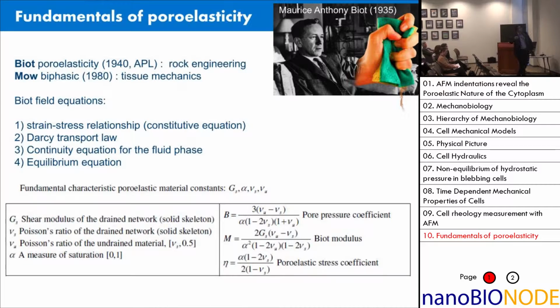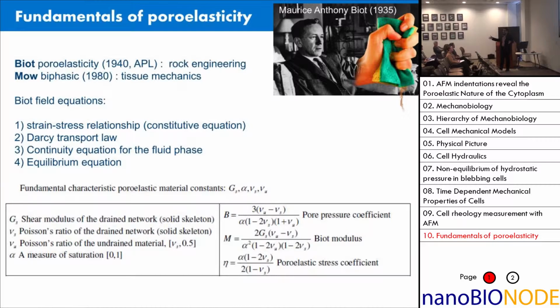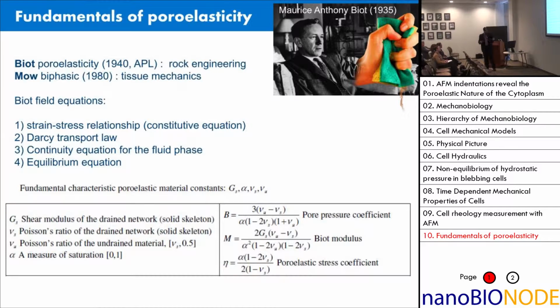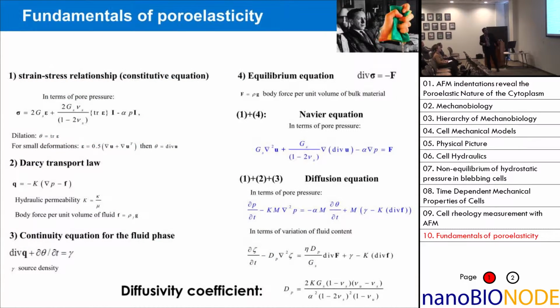The only new term is this pressure. Then there's a Darcy transport law, which basically says if you have a flow of fluid inside your material, how would it be resisted by the pores inside the material? There's a continuity equation, and there's an equilibrium equation, the total force needs to be equilibrated inside the system, and if you combine these equations, you will come up with a diffusion equation.